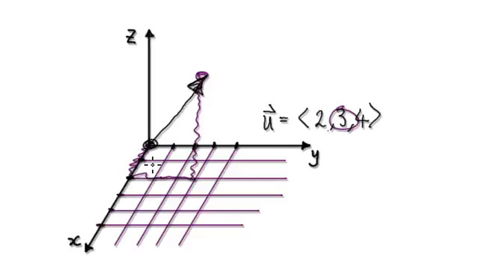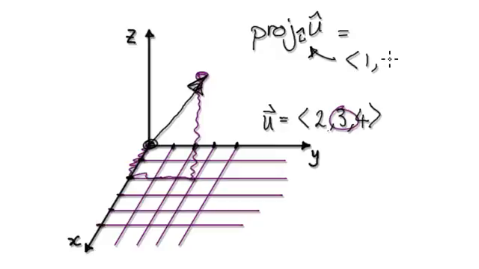Now if you want to know the x component, you project the vector u onto i hat. Don't forget, i hat is the vector 1, 0, 0. You're working in 3D, and once it's a unit vector, it's really easy to compute.